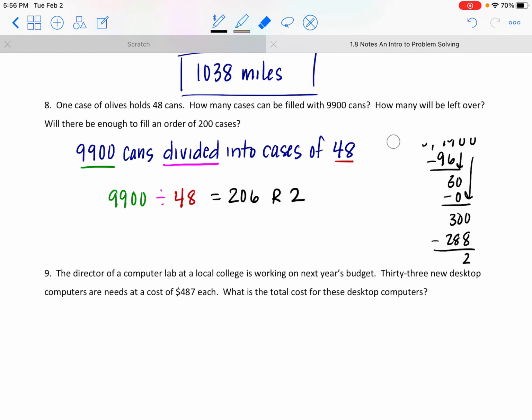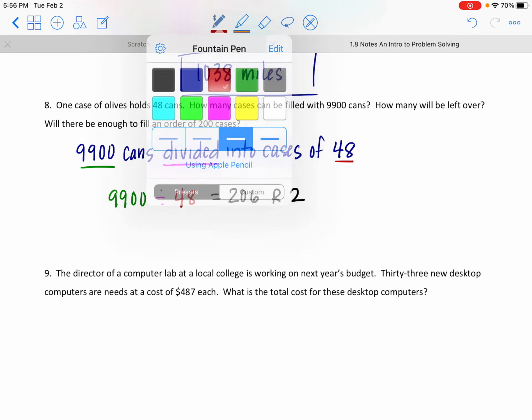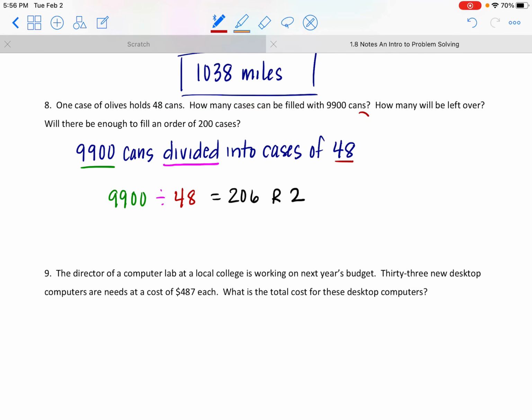And just so I can fill my space nicely here, we're going to say how many cases can be filled. Let's call this question 1. We can fill exactly 206 cases.